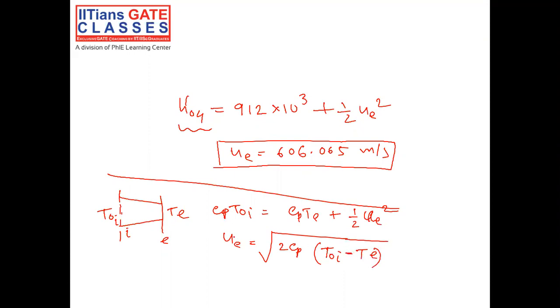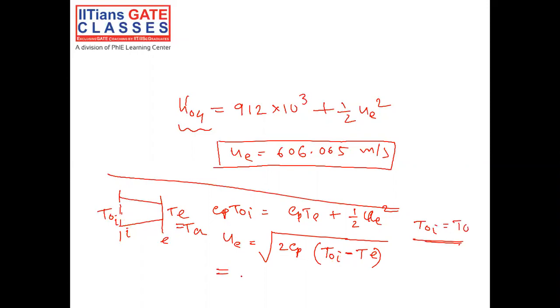And as the nozzle is discharging the flow at the atmosphere, TE will be equal to TA, the ambient temperature, and TOI is basically the chamber temperature, so TOI will be equal to TO.